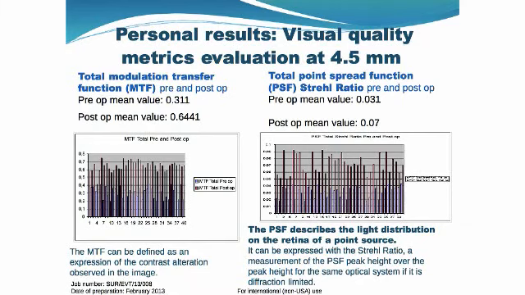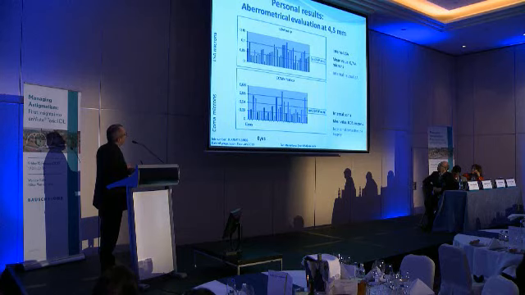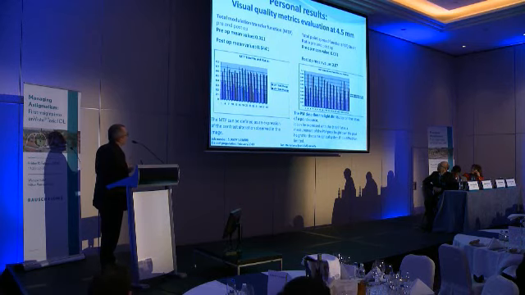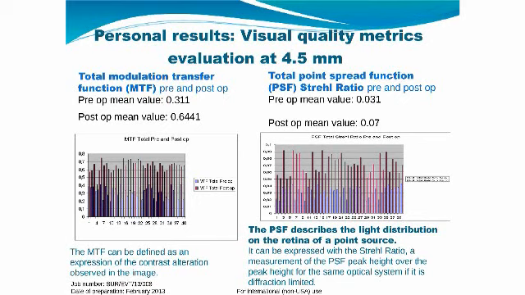And this is a very, very good aberrometric evaluation with internal neutral LSA, with no internal coma, and with good visual quality metrics, with a very good MTF and PSF in post-op.